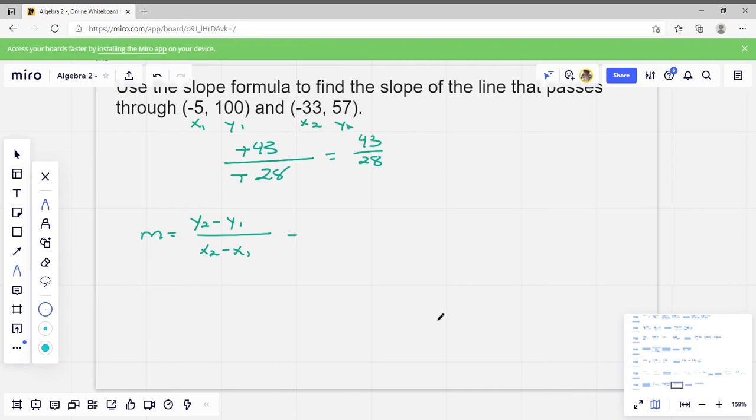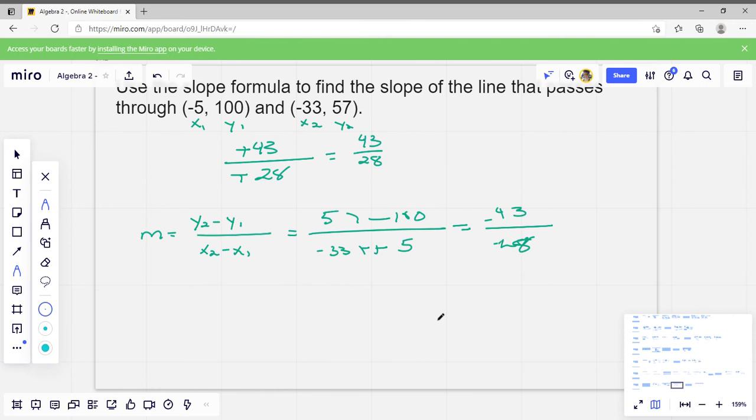Then I would get y2 is 57 minus 100 over x1, which is -5 minus, no, x2 comes first, whoopsie. x2, which is -33, minus -5, so you just add that, and that would be -43 over -28.